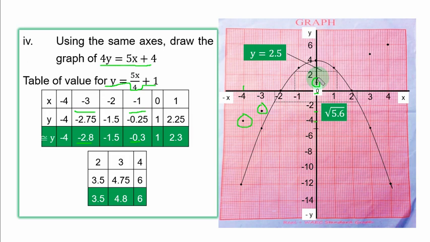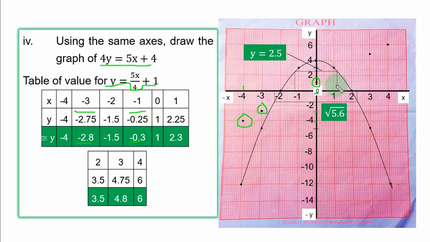When s is 1, y is 2.3. That value is kept. When s is 2, y is 3.5. That one is kept also.